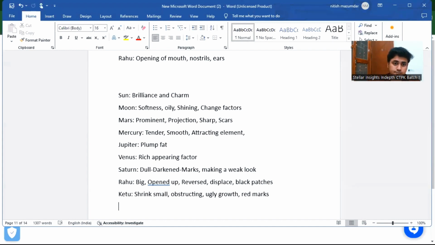Say someone's nostrils are very big. What are nostrils? Nostrils are Rahu. And Rahu is opened up. Big means what? Rahu is quite connected, or it is Jupiter Rahu, as the nose is big. Nose is big, large. It appears large. Okay, then you can say it is a connection of Jupiter and Rahu. Whose nostrils are big, both are Rahu, nostrils as well as open. You can say Rahu effect is much more.